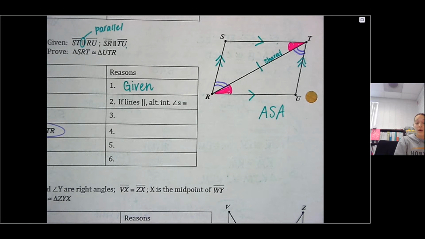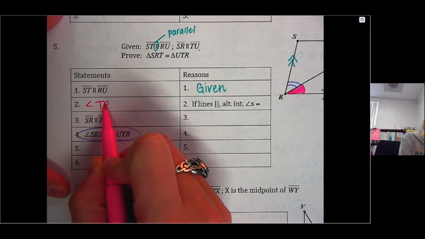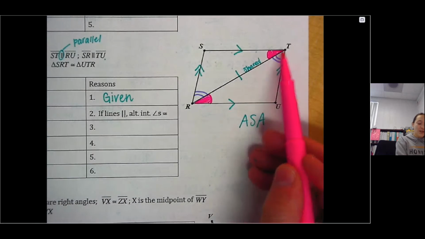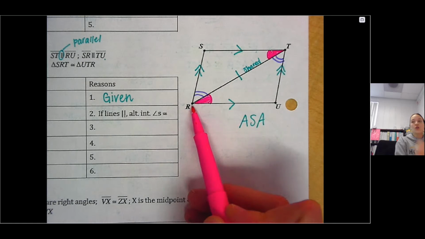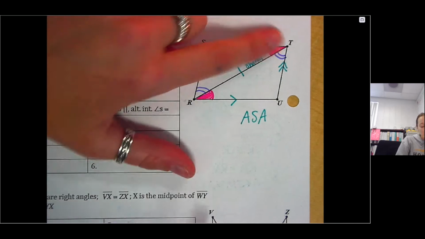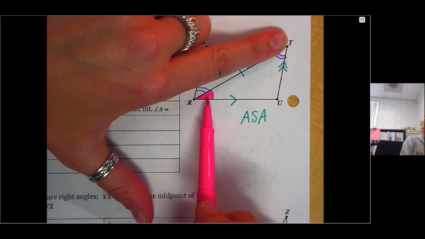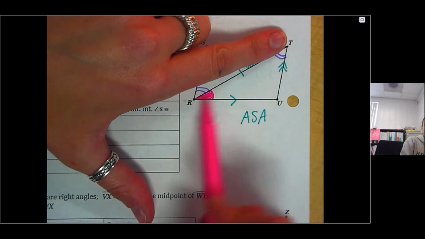UTR is not a pink angle. RTU is still not a pink angle. TRU, there we go. TRU. This one's the R is in the middle. So TRU.